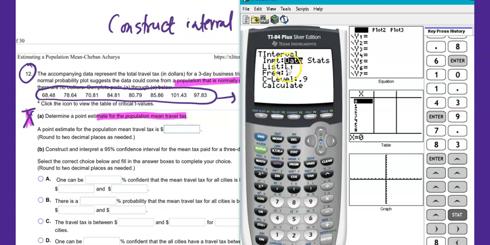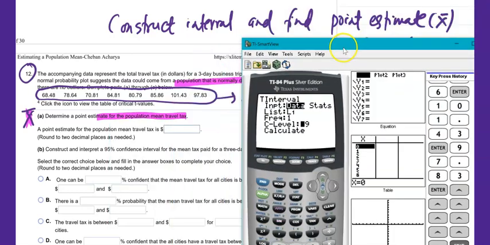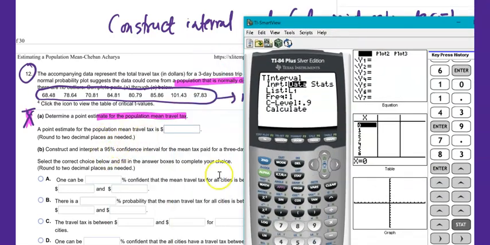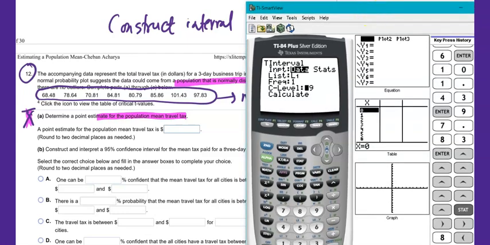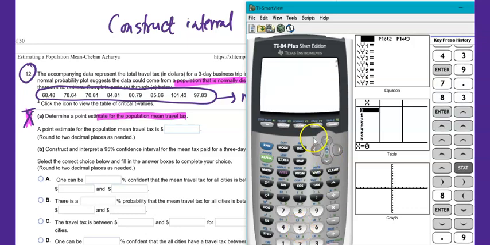My assumption is everybody has data in L1, and L1 is there by default. You choose frequency list as 1, and the confidence level as given, which here is 95. So I'm going to put 0.95 as the confidence level, 0.95, and Calculate. In that window, you can see this x bar, which is a point estimate.